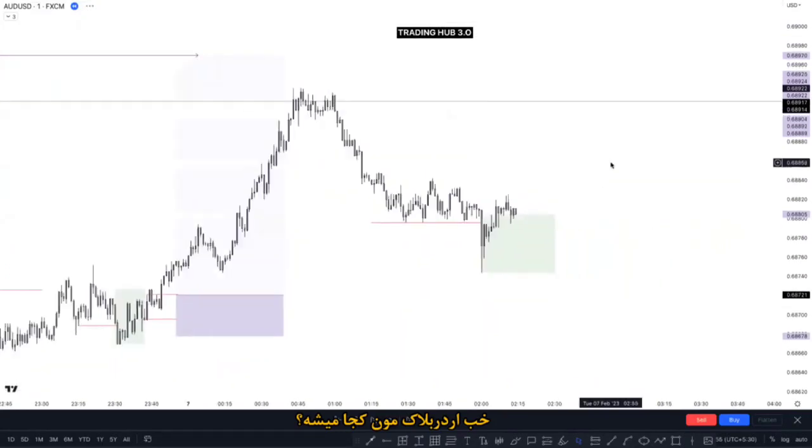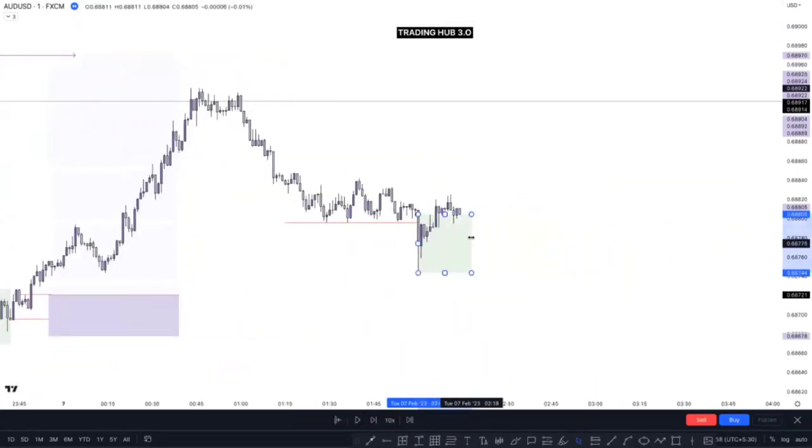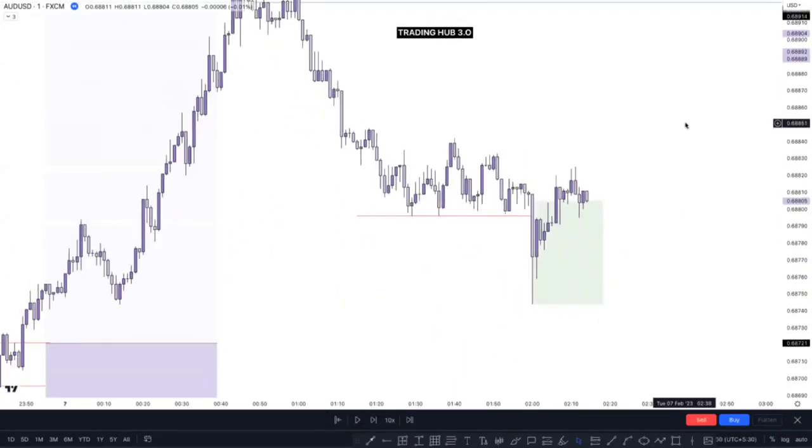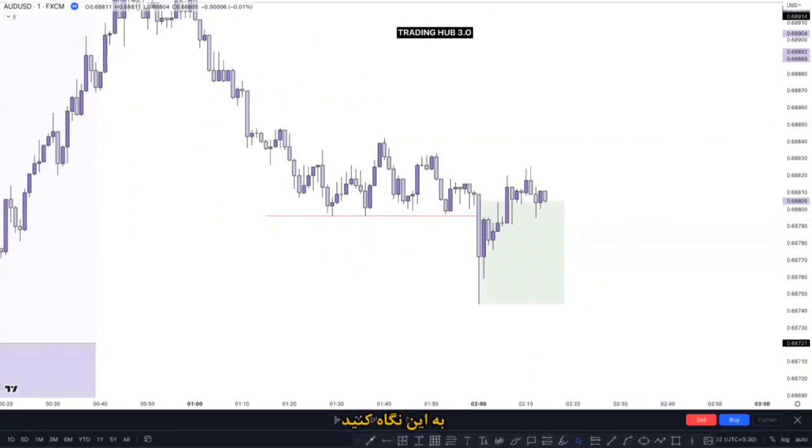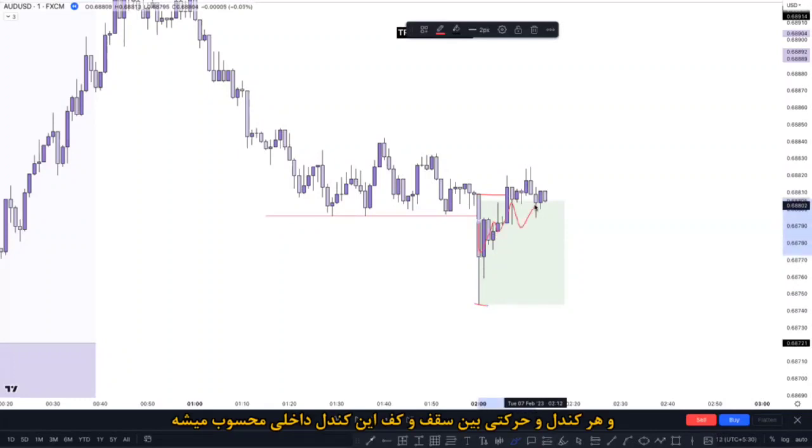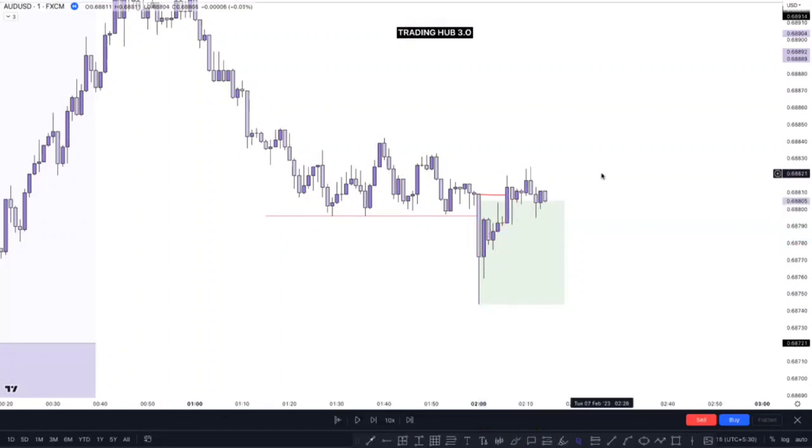So where is our order block? Look at this one. This is our actual candlestick, which gives the momentum. This one. But everything between these are inside moves here, right?